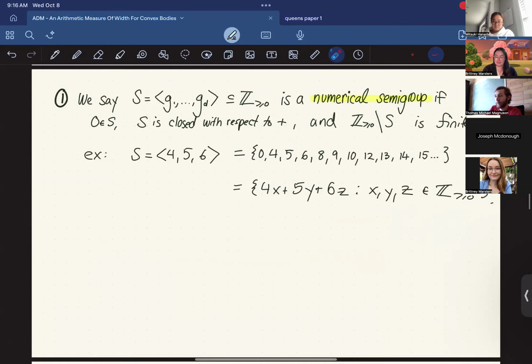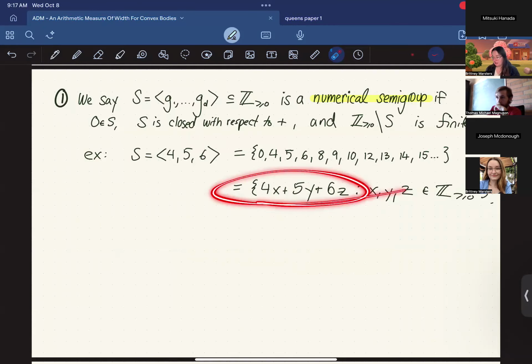So if you've never seen this before, I want you to think about the numerical semigroup generated by 4, 5, and 6. Well, I can take no copies of these generators to get 0. Can take one copy of 4 to get 4, and so on. I could take two copies of 4 to get 8. I could take 4 plus 5 to get 9, and so on, right? We want all of these non-negative integer combinations of 4, 5, and 6.